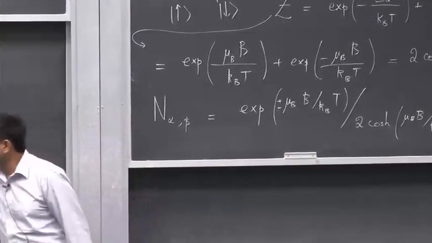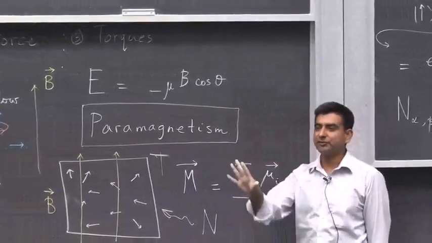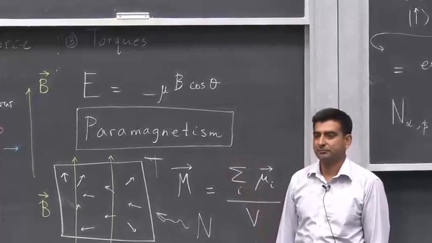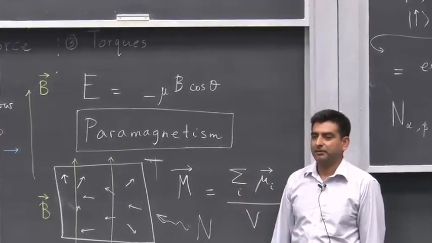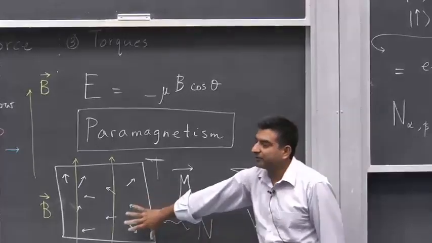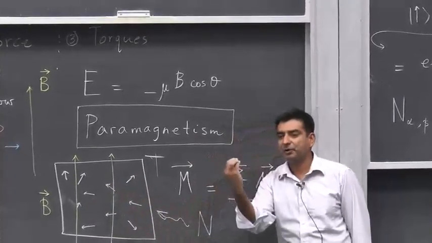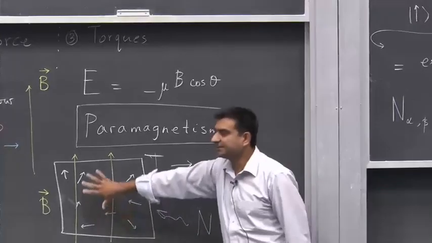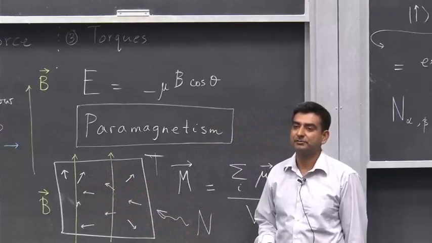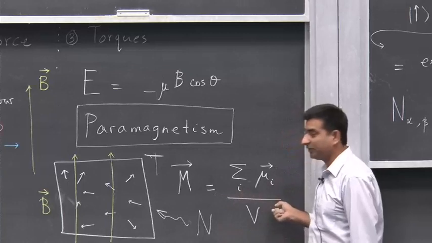Now is this system magnetized? First question, yes or no? What is the condition for this system? Even though each one of the particles in the ensemble has a moment, is it possible that this system is unmagnetized? Can this be 0?